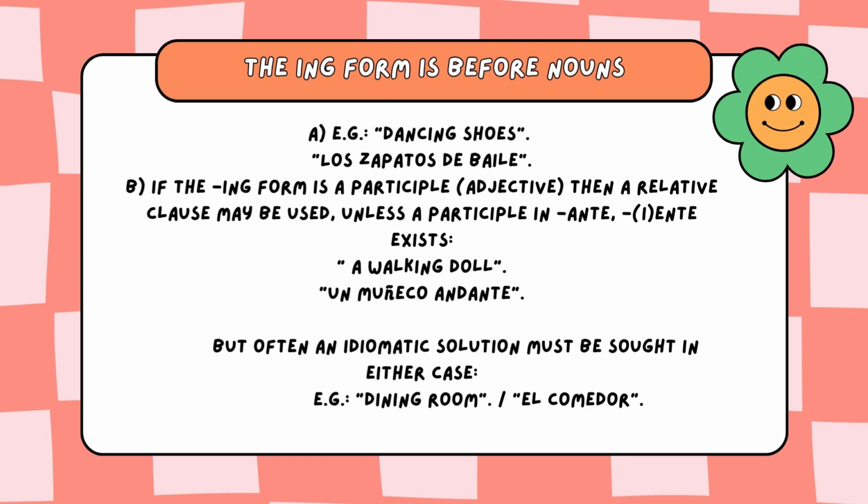In B, if the -ing form is a participle, an adjective, then a relative clause may be used unless a participle in -ante, -yente exists. For example, a walking doll would be un muñeco andante. But often, an idiomatic solution must be sought in each case. For example, in English, the dining room can be translated to el comedor.